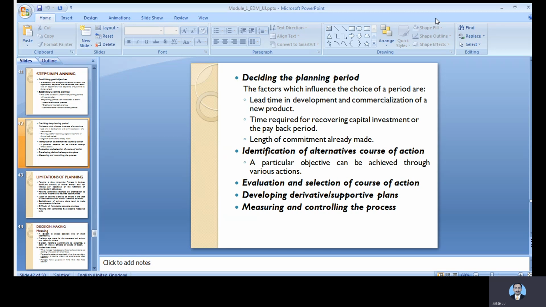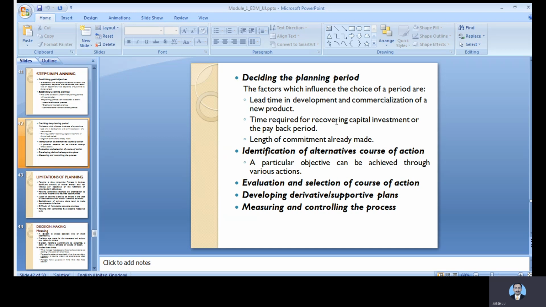So everything has to be decided beforehand, so that when we are in the real-time scenario, we can make sure that we reduce the error and come out with a successful outcome of whatever we are planning to do.